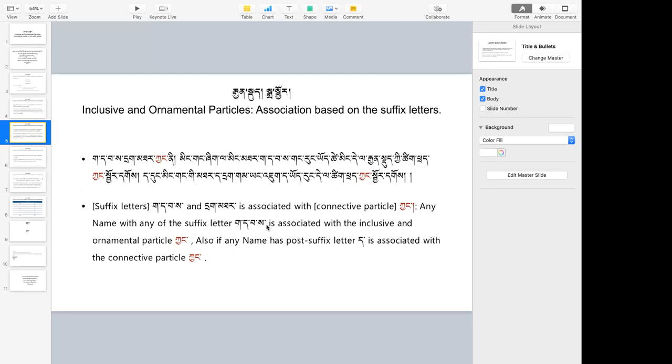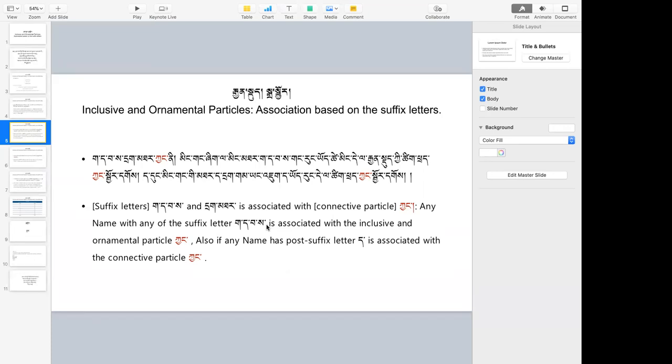So out of the three particles of the inclusive and ornamental case, yang is associated with names, any name with any of the suffix letter ka, ta, pa, sa. And also, if any name has post-suffix letter ta, is associated with the connective particle kyang.